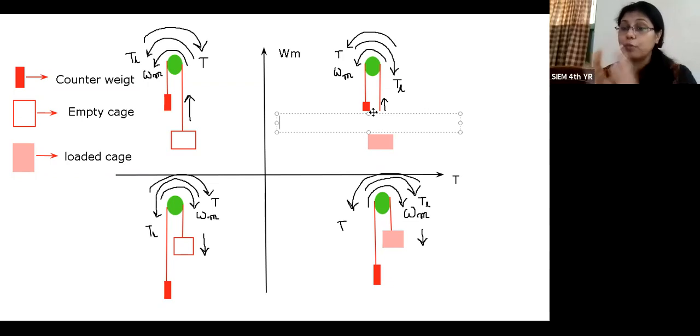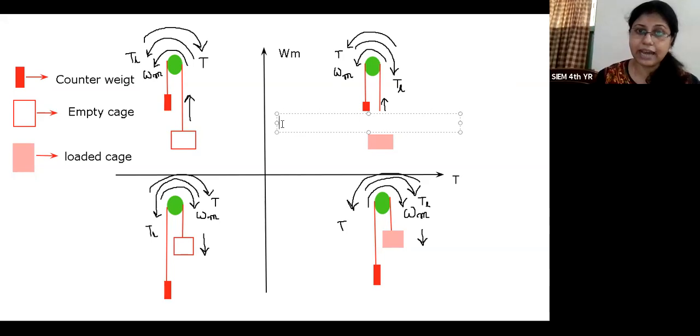Now, if we consider the first quadrant operation, then the output power is nothing but omega into torque. That means omega m, the angular speed, into the motor torque. Now in the first quadrant, we can see that the direction of omega m is positive, that is anti-clockwise direction. And motor torque is also operating in anti-clockwise direction, so it is also positive.